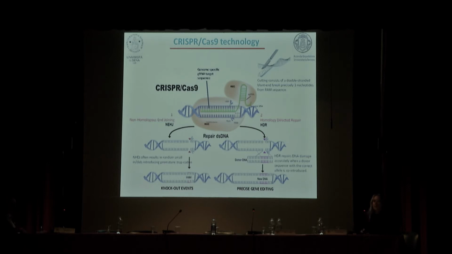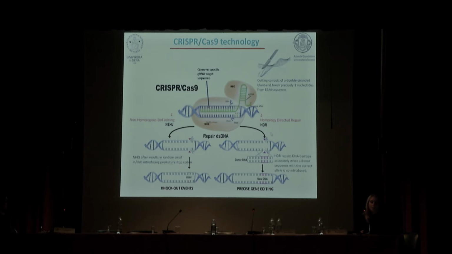The first one is the non-homologous end joining that joins broken ends and often results in a random small insertion or deletion of some nucleotides, introducing a premature stop codon. This mechanism is useful to introduce knockout events.